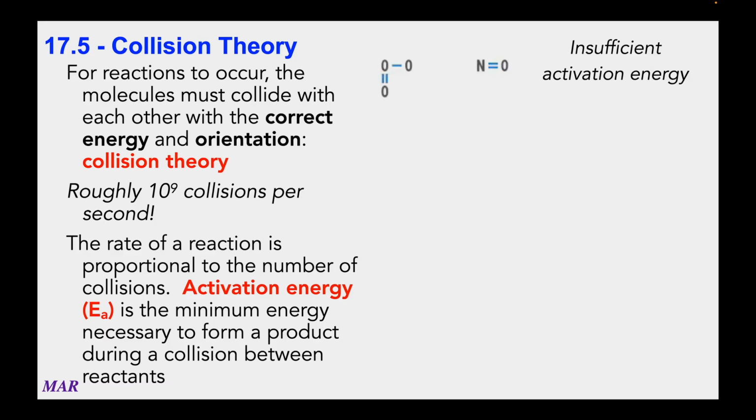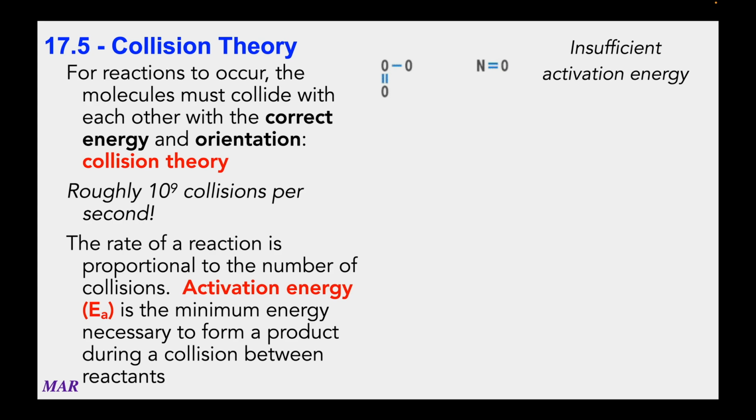For two molecules to react, they must collide. If an ozone molecule and a nitrogen monoxide molecule meet without enough energy to overcome their bond energies, a reaction does not occur, and the molecules separate without reacting. So in this example, the molecules do collide, but they don't have enough kinetic energy to actually make the bond form.